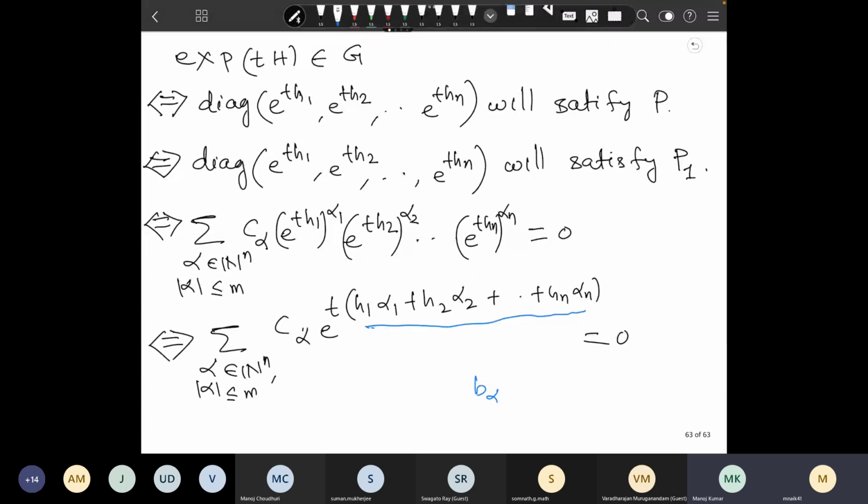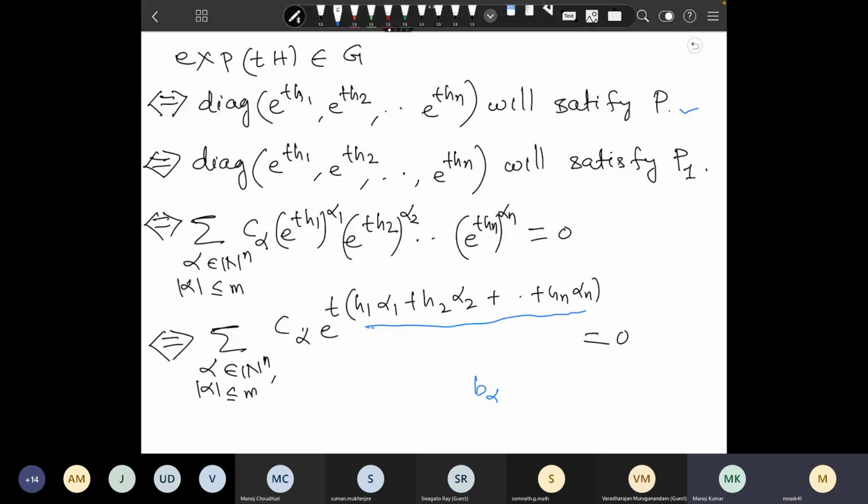Then I want to explain the meaning of exponential of th belongs to G. Since G is pseudo-algebraic and G is given by this polynomial P, this is equivalent to the fact that the diagonal matrix of e to the power th1, e to the power th2, up to e to the power thn will satisfy P. By construction, if you put the coordinate entries of that into P1 and P2, then P2 of this matrix will be 0, and P1 of that should be 0 also.